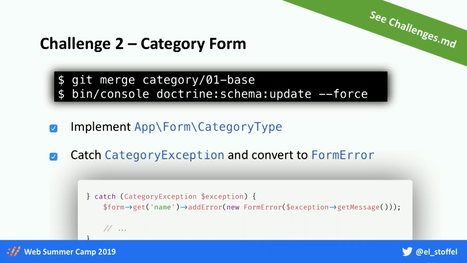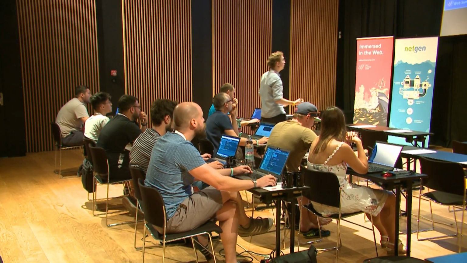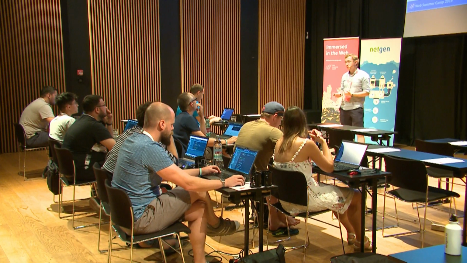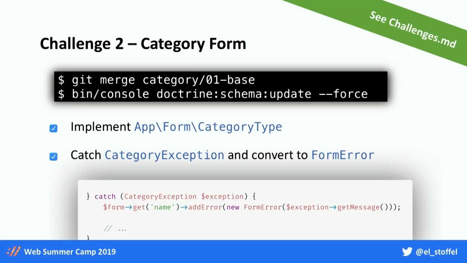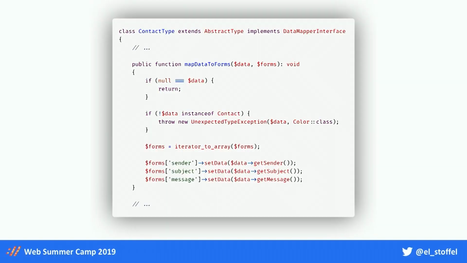I guess that's the method, right? Map data to forms looks like this. You call iterator to array, and you can access the form fields using array access, and then call set data on it. In this case, it's quite easy, but sometimes it might be more complex.